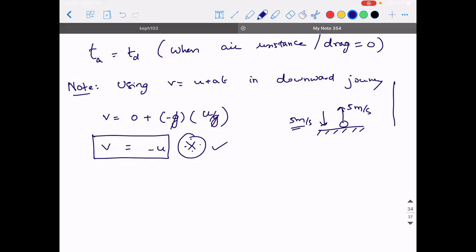They can give you, let's say, the object is projected with 5 meters per second and it has reached a maximum height of a particular value. Then it is coming down, with what velocity is it going to hit? So the answer is very simple. If air resistance is ignored, it will hit back with the same velocity. Clear?